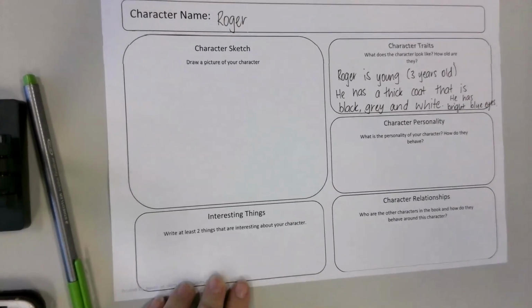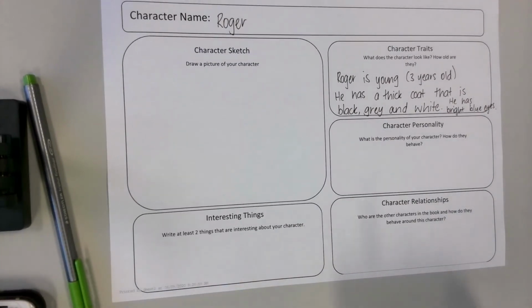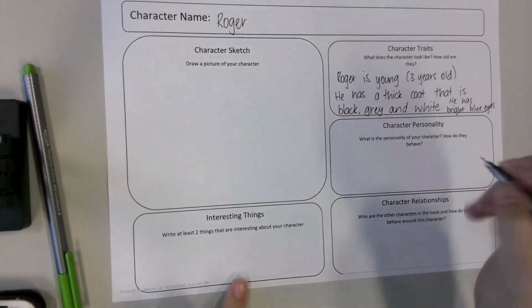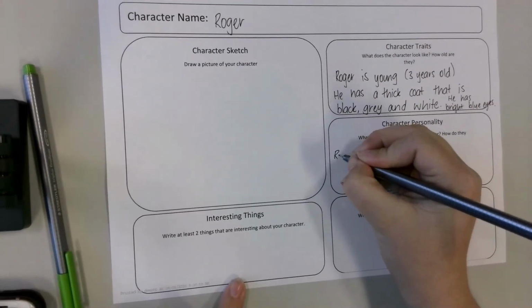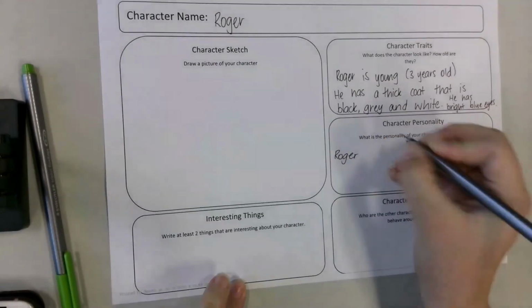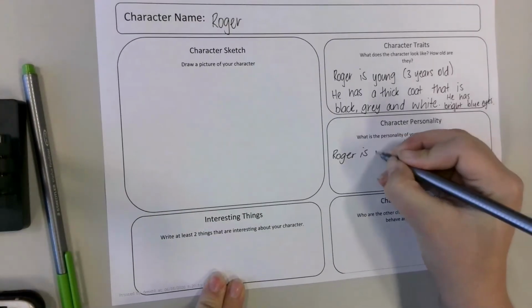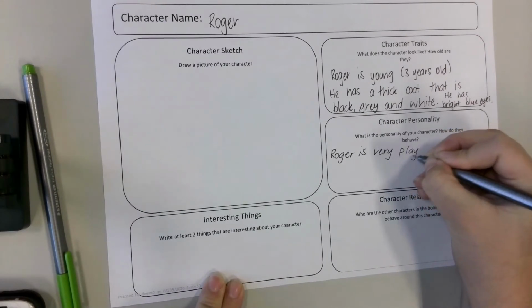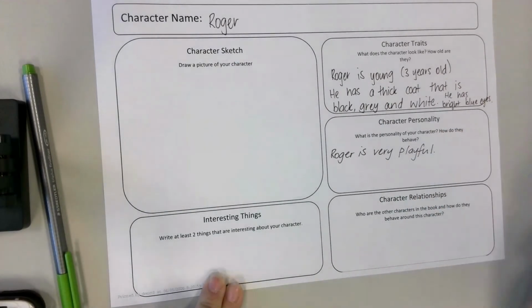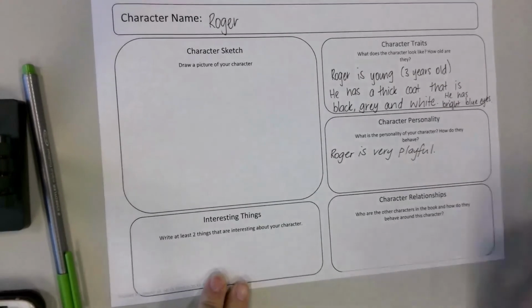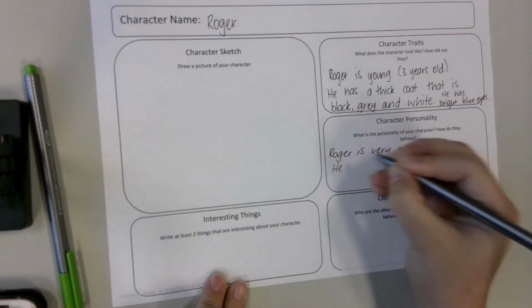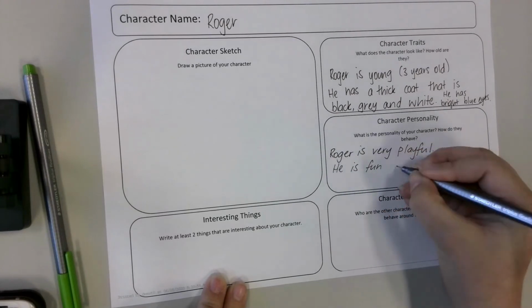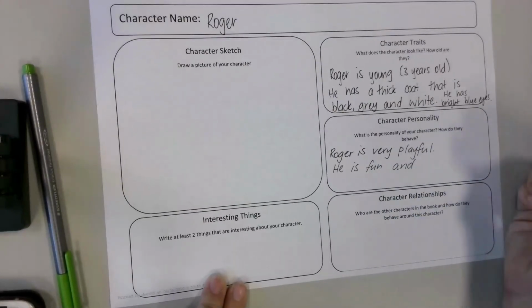Okay, our character's personality. What is the personality of your character? How do they behave? So I'm going to make Roger is very playful. Alright, Roger is very playful. He is fun and sometimes gets himself into trouble.